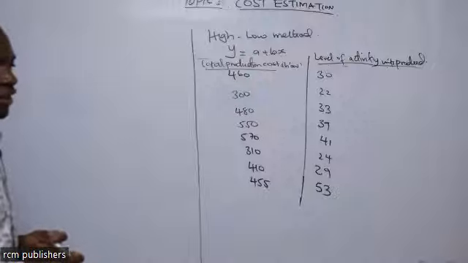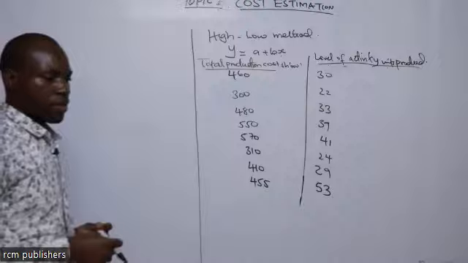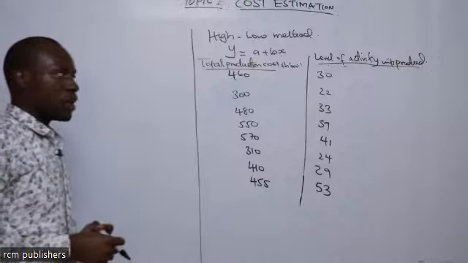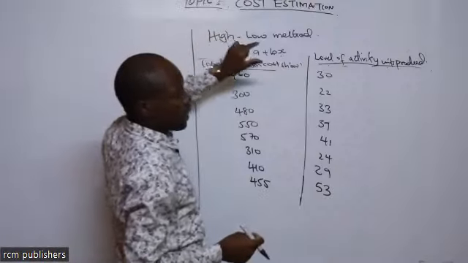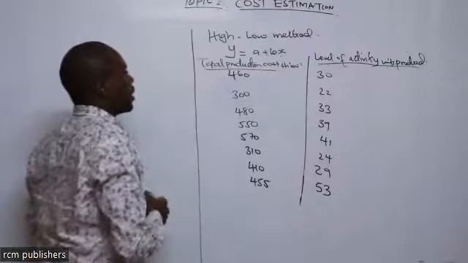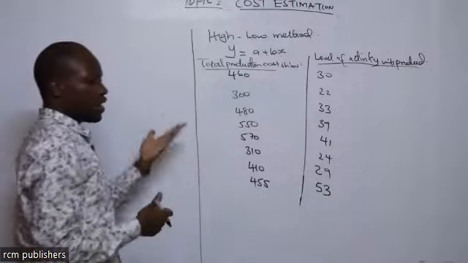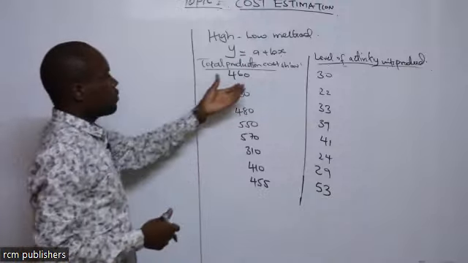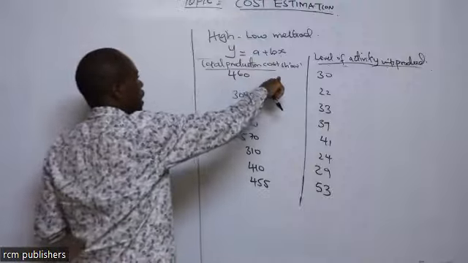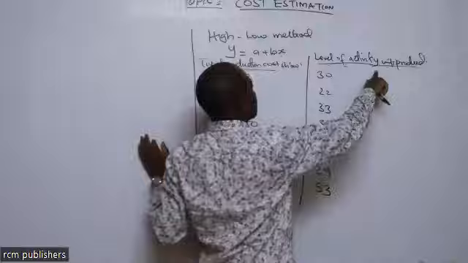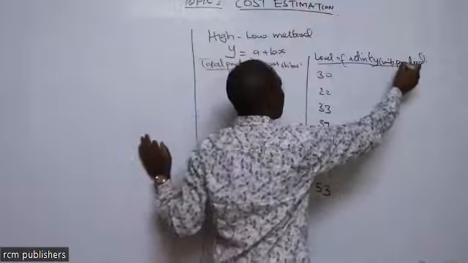Which one are we going to have as y? Remember, we said y is now the dependent variable and x is the independent variable. Now, if you look at this data set, we are told that this is the total production cost and then the level of activity in bracket units produced.